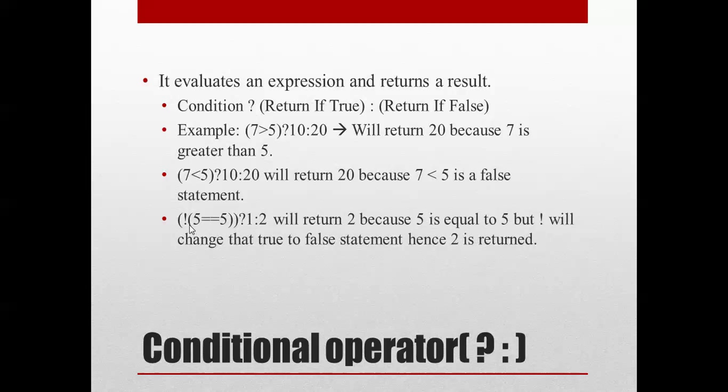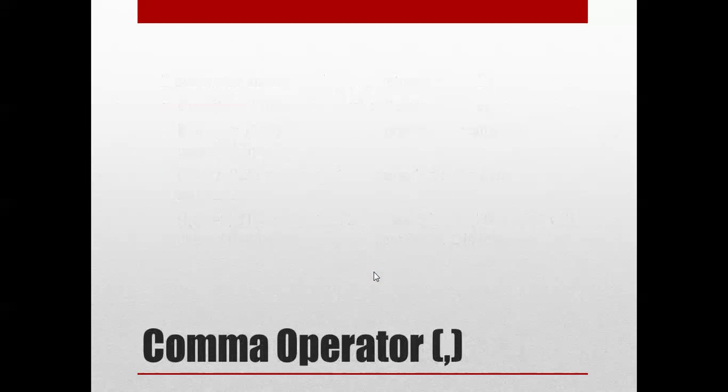And if you say not 5 equals 5, as I said, adding not changes the value. So it will return this statement right here. It will return 2 because 5 equals 5 is true, but the exclamation or not will change that true to false. So 2 is returned in this example. Okay, straightforward, easy.